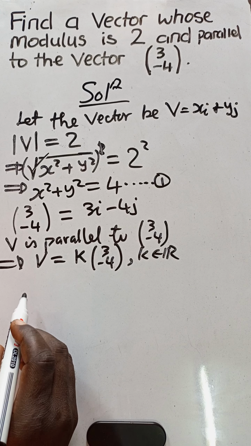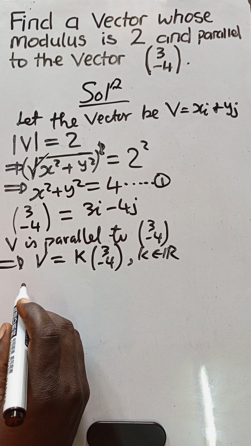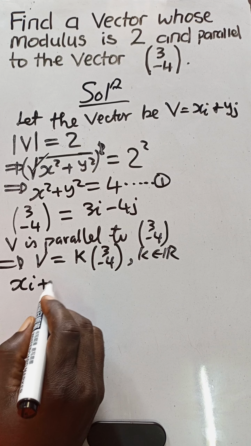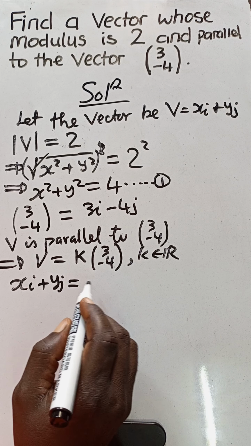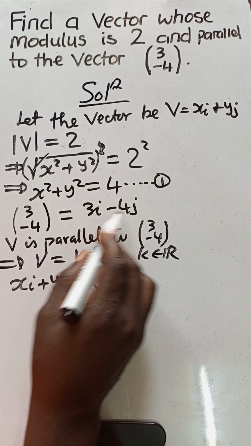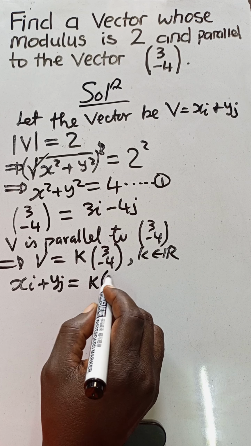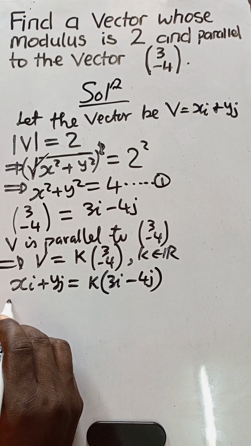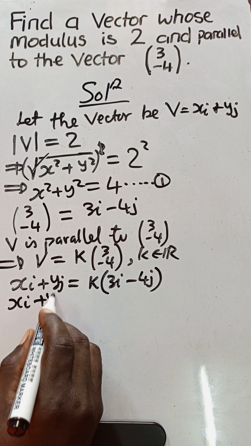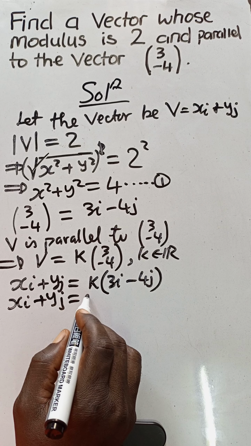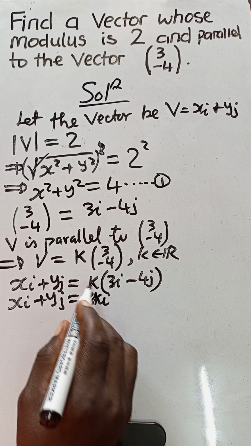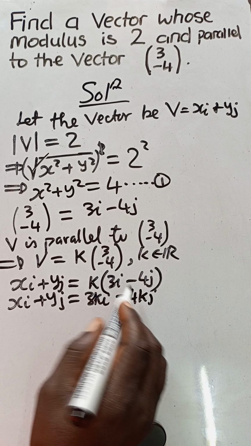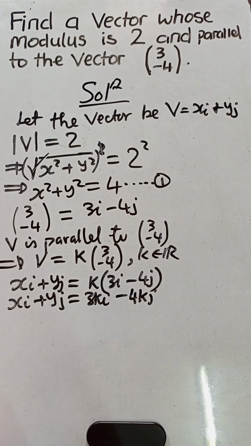Now, let's write this out. v, which is xi plus yj, is equal to k times 3i minus 4j. So, xi plus yj is equal to 3ki, when we multiply this with k, minus 4kj, when we also multiply this with k.